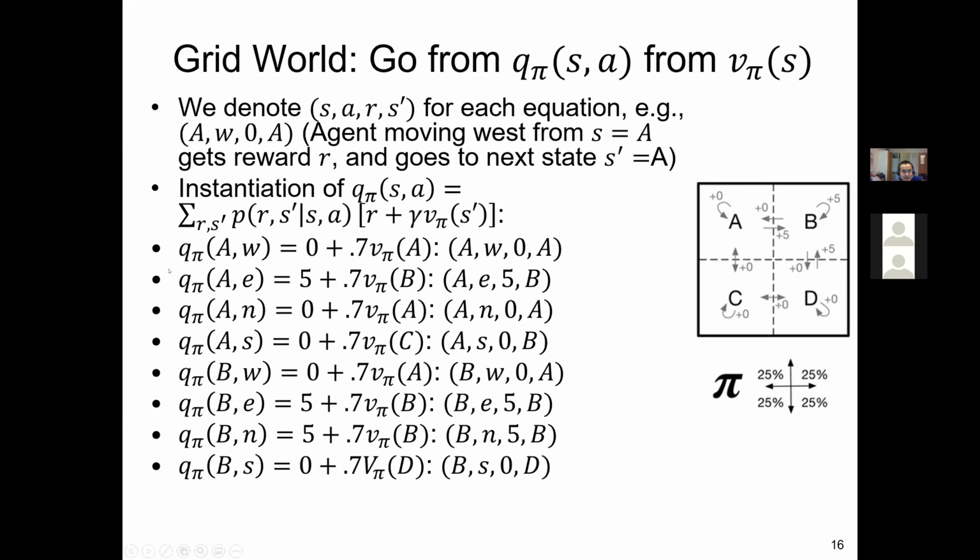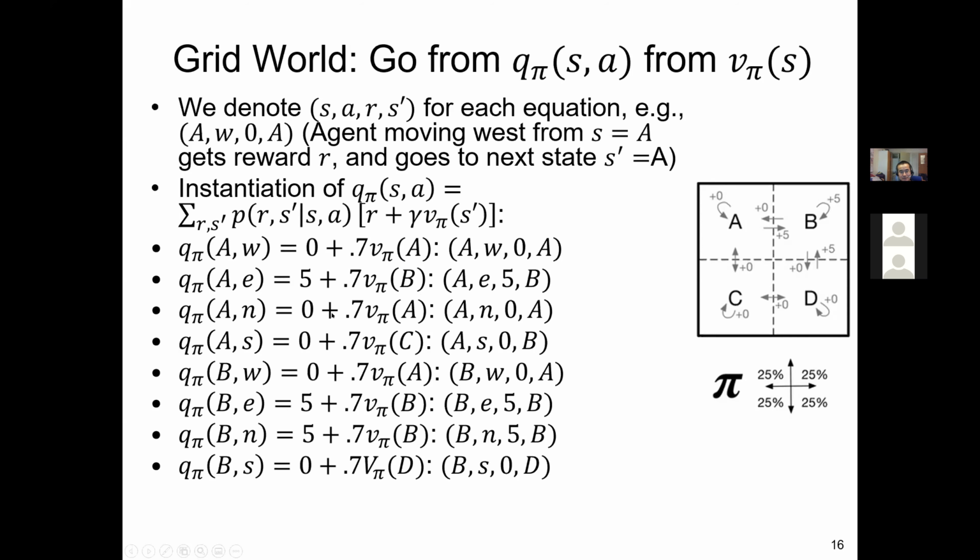Then you can see that for Q pi A west, the action gives you a reward R of 0 and gamma 0.7 times V pi of S prime, which is next state is still A. And for the east action, you get a reward of 5 plus 0.7 times V pi of B, the next state.